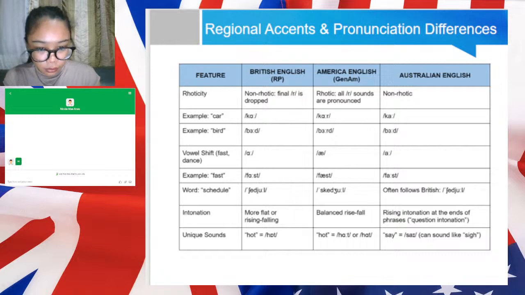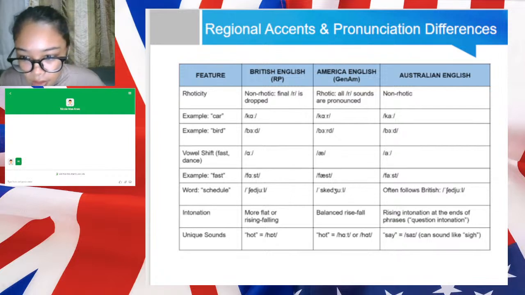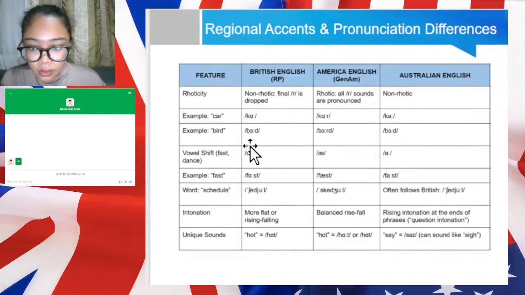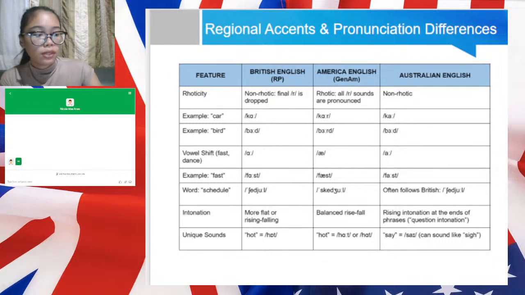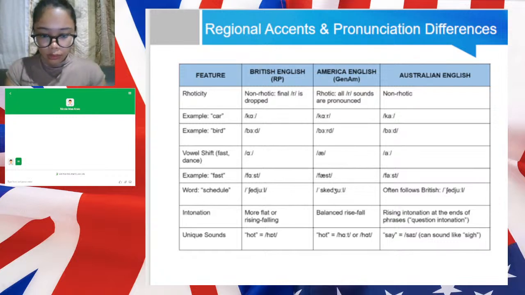Now, for British English, as you can see, it's kind of fast from the IPA transcription. I don't know if you can see it clearly. Let me check. I think you can see it clearly. I am also monitoring using my phone just to make sure that everything is all good. Well, I think everything is good.